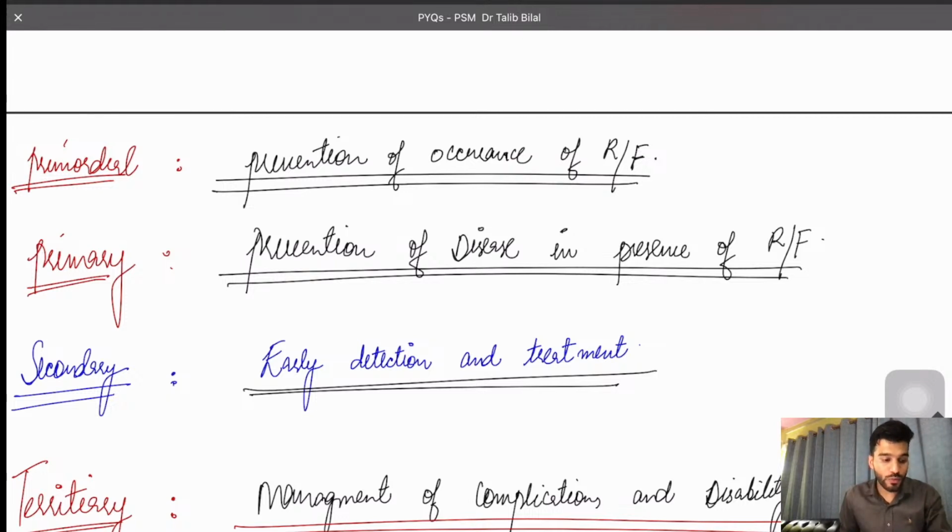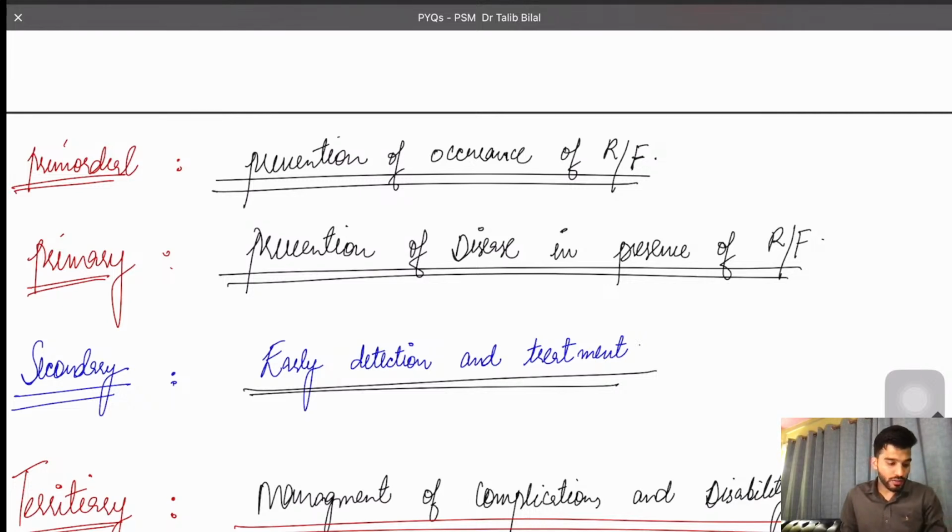At that time, BCG vaccine will be a secondary level of prevention, because I'm using the BCG vaccine for treating a patient. How can that be tertiary? That will be secondary. Tertiary is after the complications and disability. So all the treatment will be considered secondary.